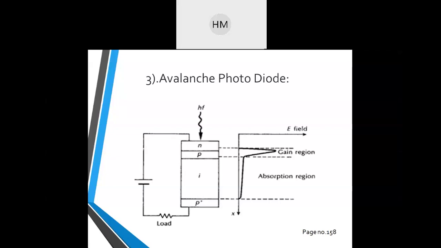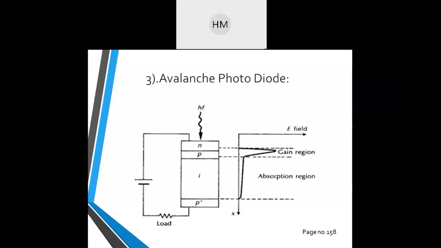ठीक है, ये अब हम डिस्कस कर लेते हैं. What do APDs do? APDs internally multiply the primary signal photocurrent before it enters the input circuitry of following amplifiers. This increases receiver sensitivity, since the photocurrent is multiplied before encountering the thermal noise associated with the receiver circuit. सबसे पहले, at the receiver side we are connecting one amplifier which will amplify the photocurrent coming from the light out of the optical fiber.